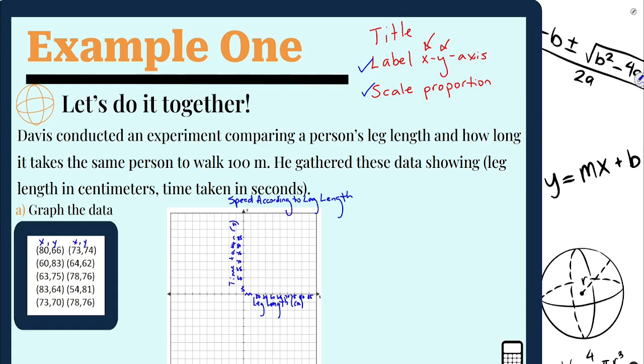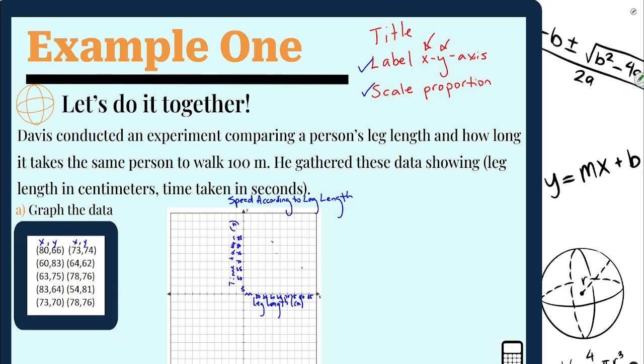And then what you're going to do is graph the data. So we are going to plot our pairs. We have 80 and 66. So I go to 80 and up to 66, and I plot that pair. Then 60 and 83. Then I have 63 and 75.